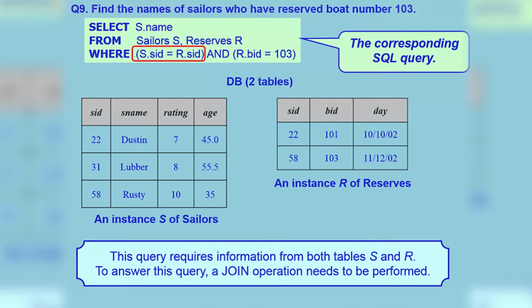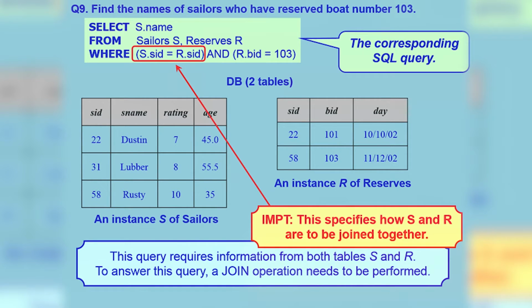Condition: s.sid is equal to r.sid. This specifies how S and R are to be joined together.